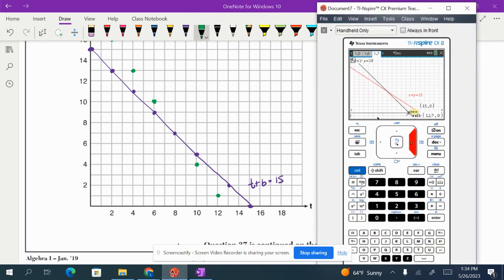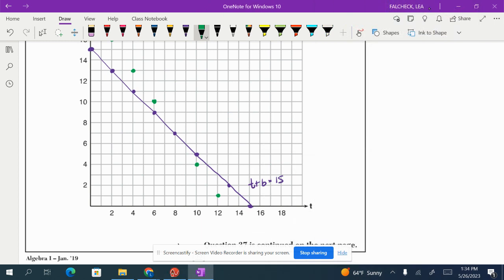And then 12.67. Okay, so it's going to go somewhere right before 13. It's going to hit the axes there.